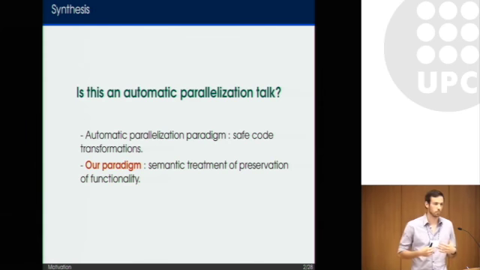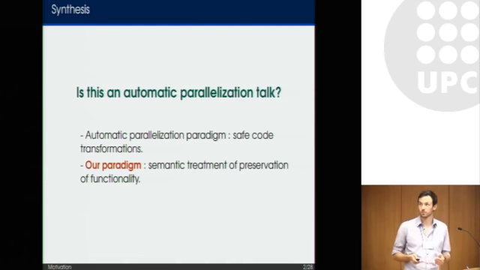So we are not going to provide safe code transformation, but rather a technique. And in our paradigm, we have a semantic treatment of functional equivalence. And we want to explore search spaces so that we can find a parallel implementation. So the main challenge in this talk is to define and explore efficiently these search spaces.